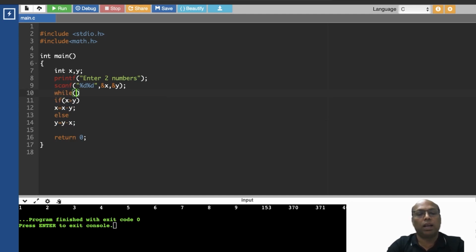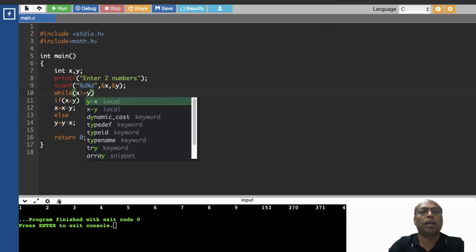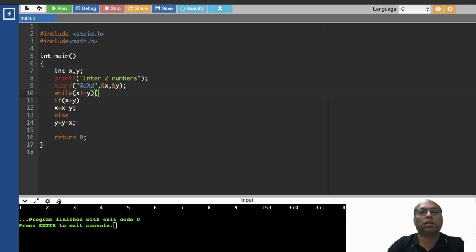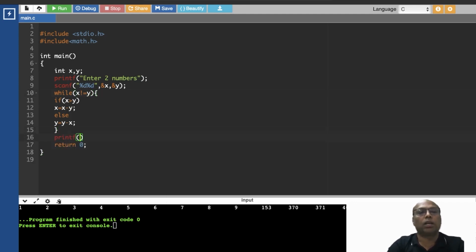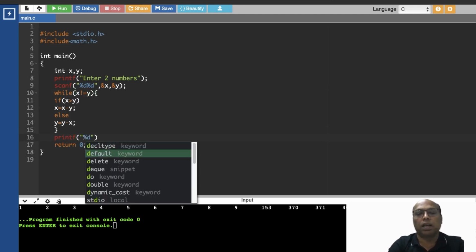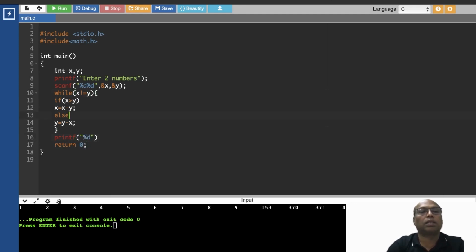While x is not equal to y. Repeat this, right? Print %d, comma what? x or y, anyway, both are equal, right?